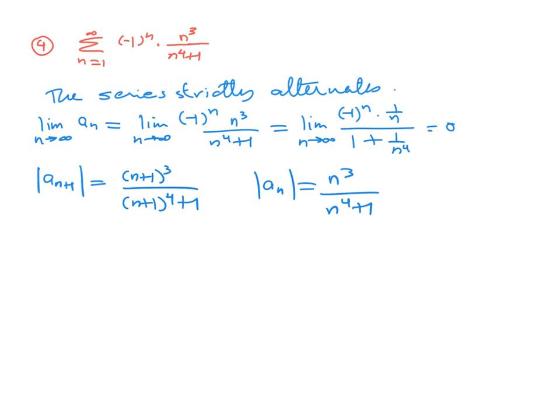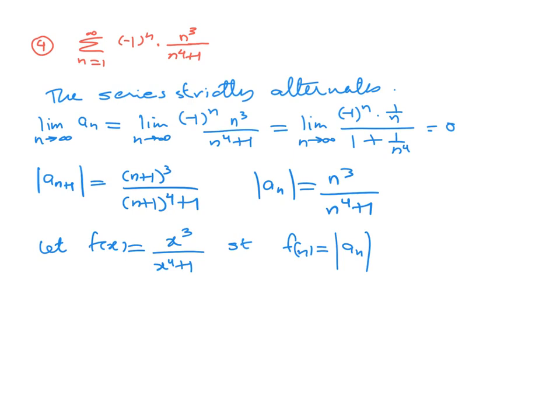If I let f of x equal x cubed over x to the fourth plus 1, so that f of n equals the absolute value of a sub n, I'm basically creating a function that follows the absolute value of a sub n. If I can show that that function decreases, then I've shown that this term has to be less than this term, because that's what it means for a function to decrease. Obviously, we're talking about positive terms here, so the positive part is taken care of.